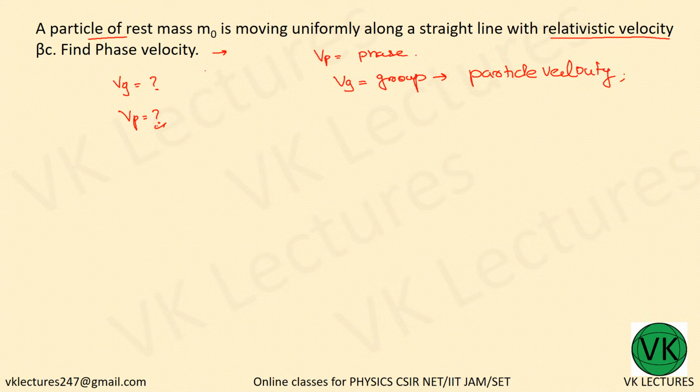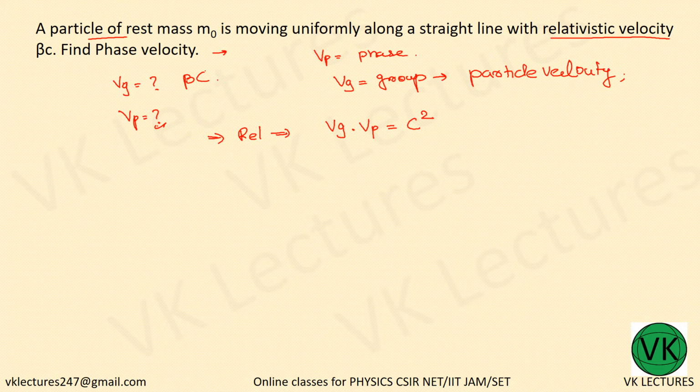Okay, group of particle motion is nothing but the particle or group velocity or phase velocity, group of waves. So Vp is equal to beta c. Now for relativistic aspects, we can write Vg into Vp is nothing but c square.